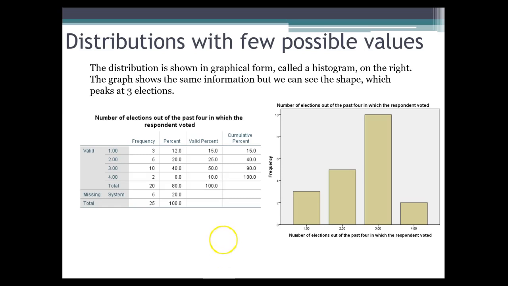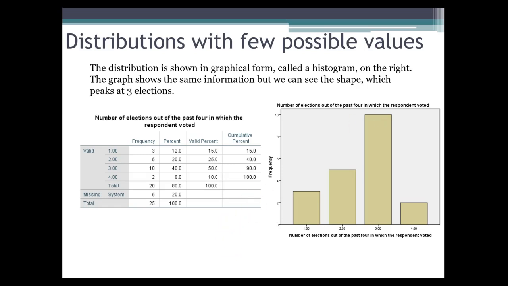This tells us that of the people they surveyed, so of the people in the sample, more people voted in 3 elections than any of the other values. The lowest category was 4, followed by 1, followed by 2, followed by 3. So just 2 people voted in all 4 elections, but most of the people voted in 3.